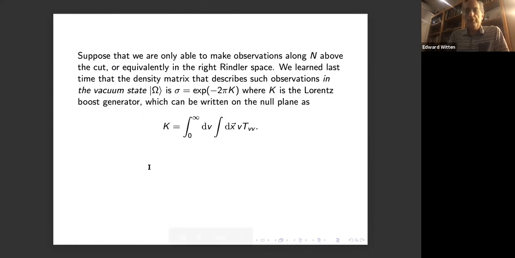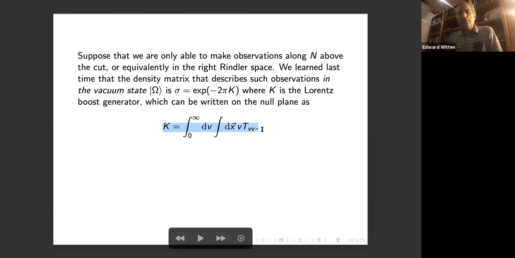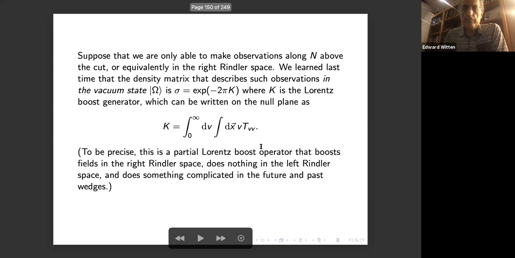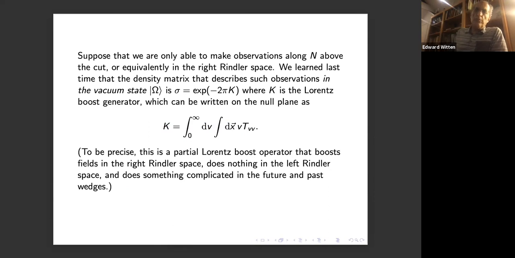Here's a formula: it's the integral over v from 0 to infinity, the integral over the normal coordinates, of v times T_vv. We integrate from 0 to infinity because we only want the boost generator in half of the null plane. So this is a partial Lorentz boost generator that boosts fields in the right Rindler wedge, does nothing in the left Rindler wedge, and does something complicated in the future and past wedges.